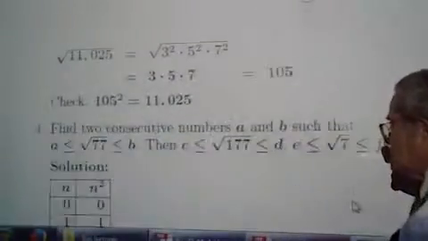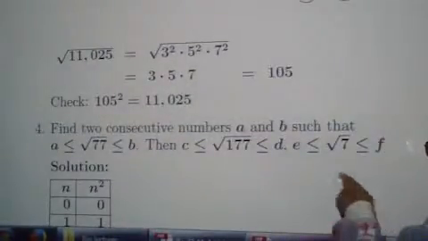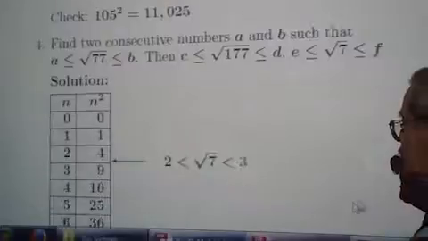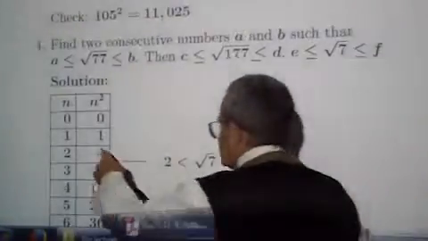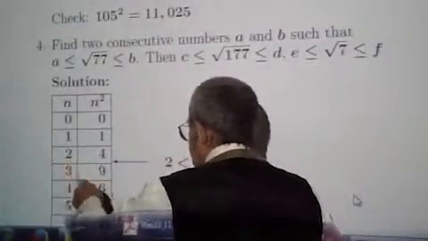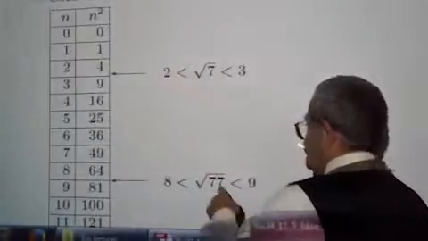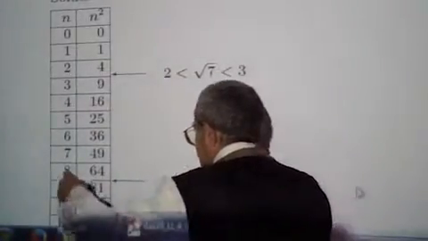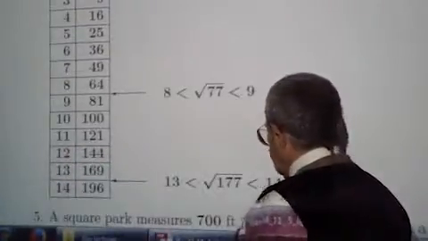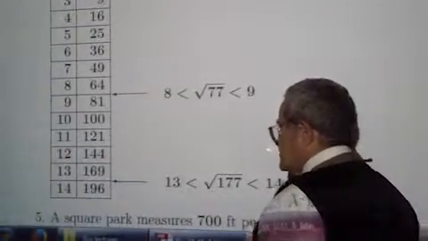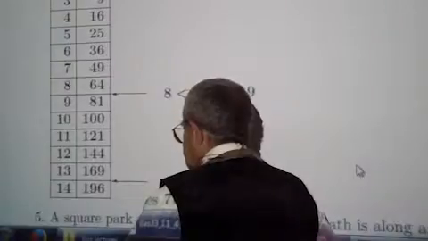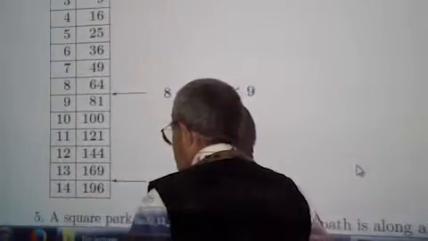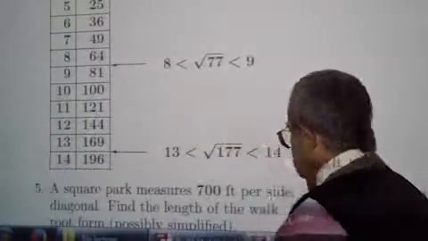Consecutive numbers for 7, 77, and 177: 7 lies between 4 and 9, so its square root is between 2 and 3. 77 lies between 64 and 81, so its square root is between 8 and 9. 177 lies between 169 and 196, so between 13 and 14.